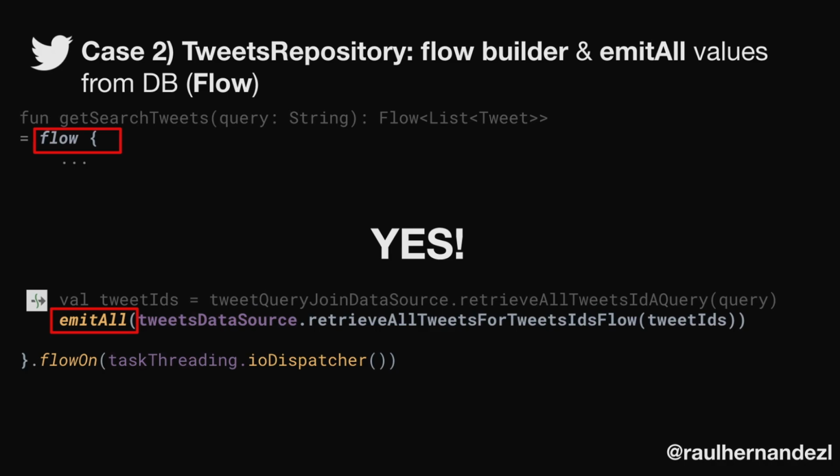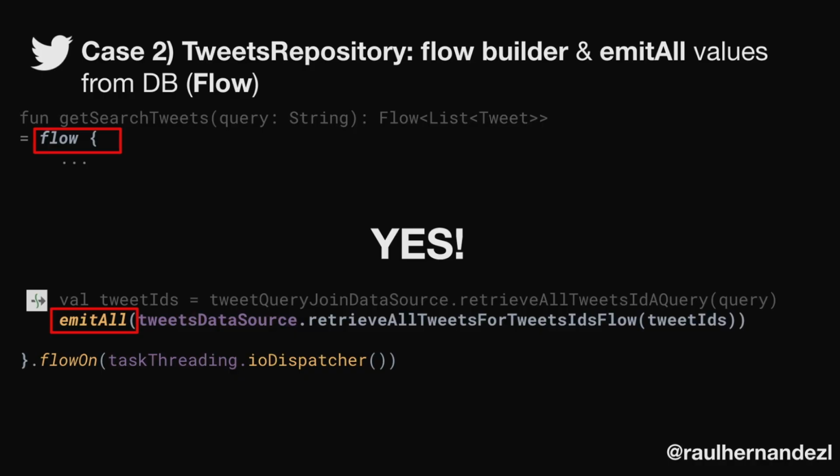In this case, I use emit all, because if I return a flow from the retrieve all tweets from tweets ID flow, what is interesting here is that by using this kind of thing, you want to have, let's say, a poll by having different network requests every certain time, let's say every 30 seconds, and you are wanting to have your UI refresh every 30 seconds, this emit all will have the stream open for you to have this communication with the UI, and then you can refresh anytime because you have this open stream.